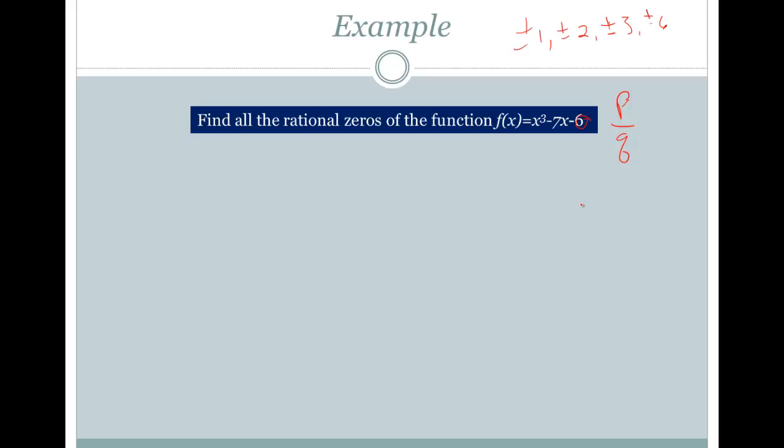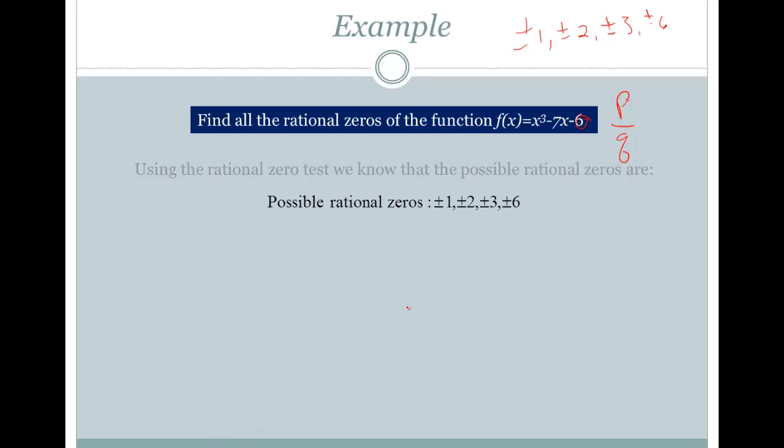So those are my factors of p. q here is simple because q is only 1. And so knowing that, I can use the rational zero test to determine that my possible roots are plus or minus 1, plus or minus 2, plus or minus 3, and plus or minus 6, this p over q ratio.